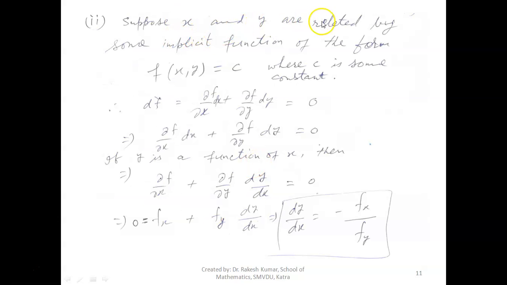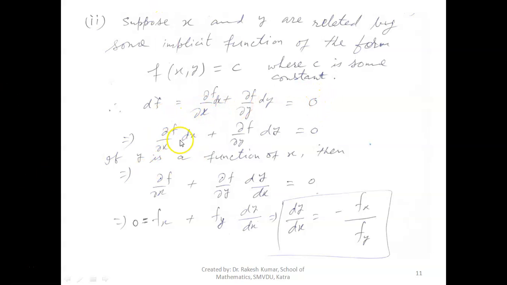Now suppose x and y are related by some implicit function of the form f(x, y) equal to c, where c is some constant. Here c could be 0 many times. So therefore df, that is del f/del x dx plus del f/del y dy, is equal to 0. That is, the differential of this constant is equal to 0.